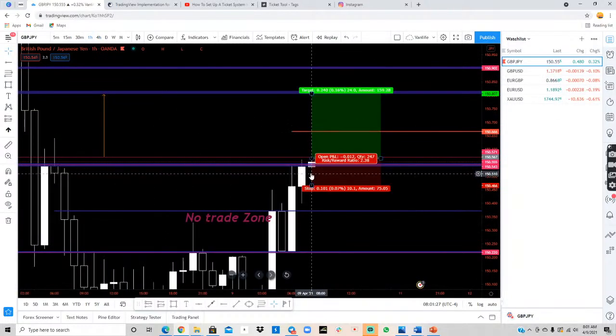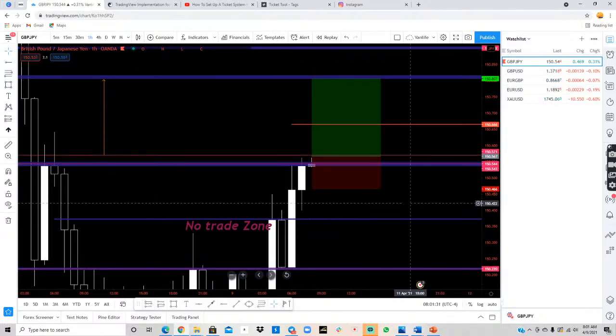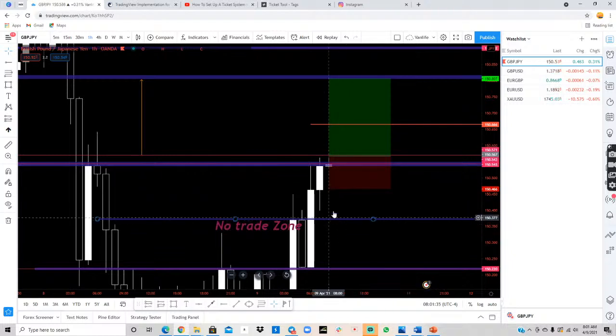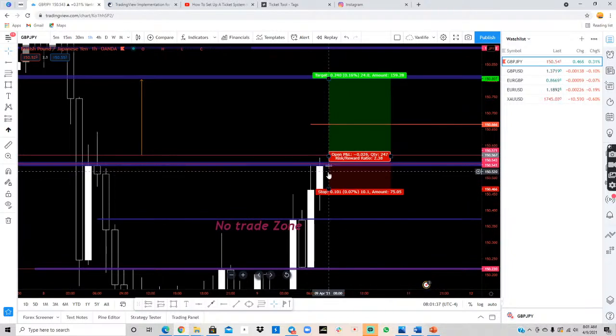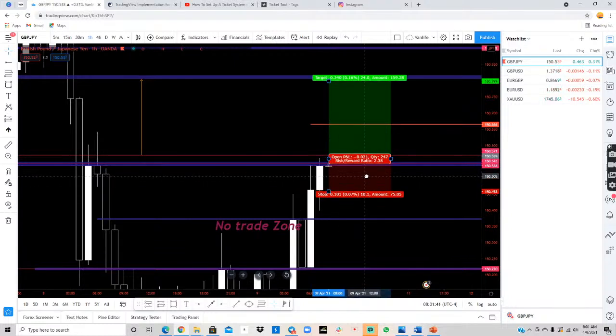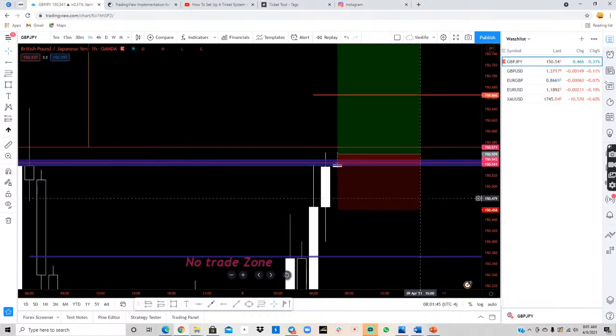But I think I would want a lower wick on this current H1 candle for us to continue to push up. So if we can actually get a lower wick right here and then it flips and breaks its own high, that would be a good sign for us to continue to push up.